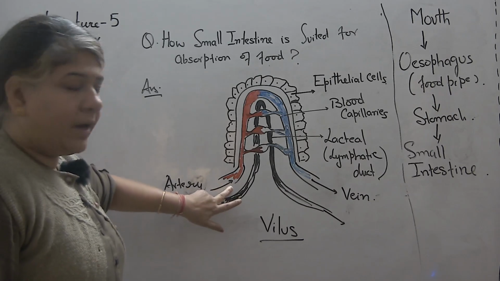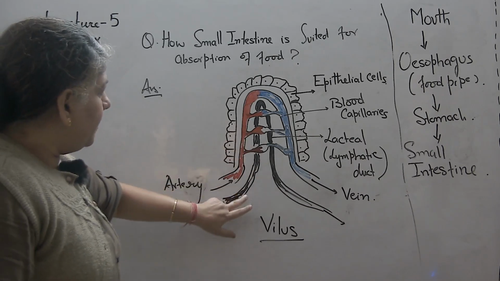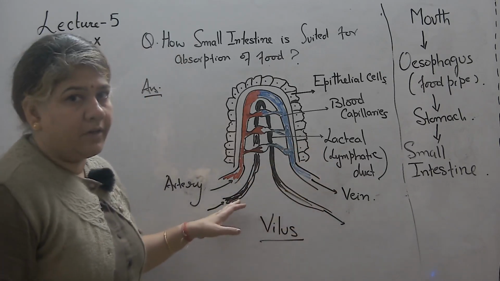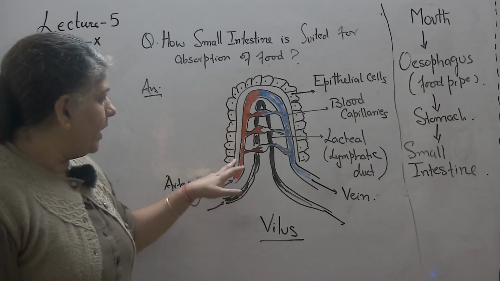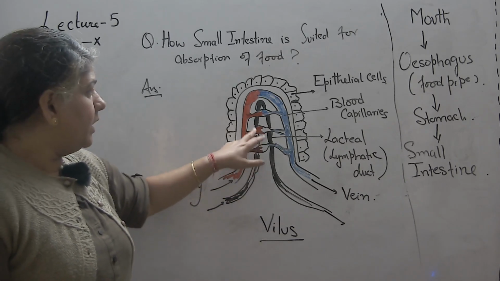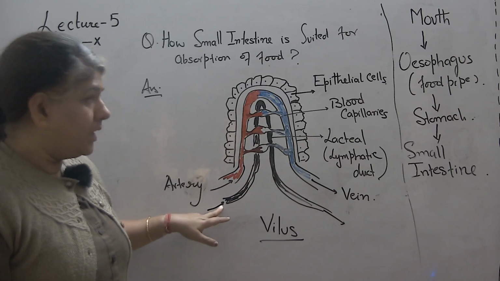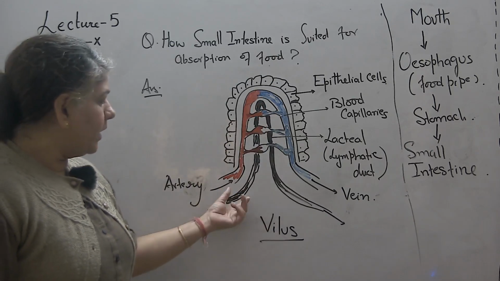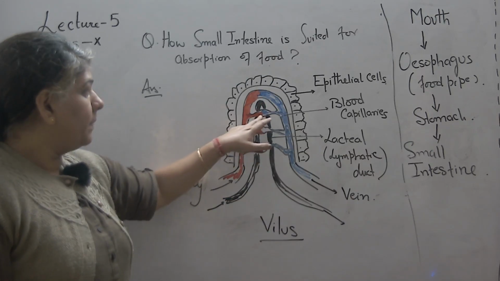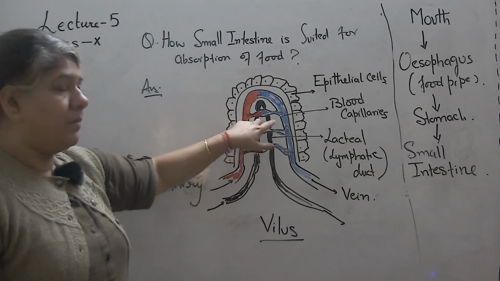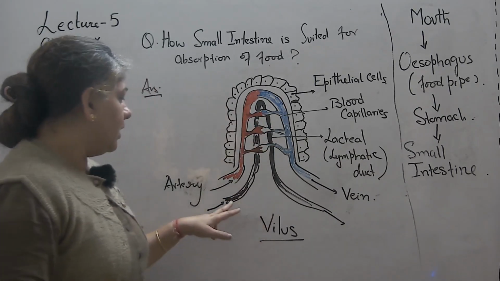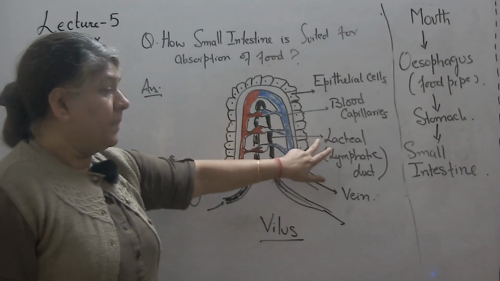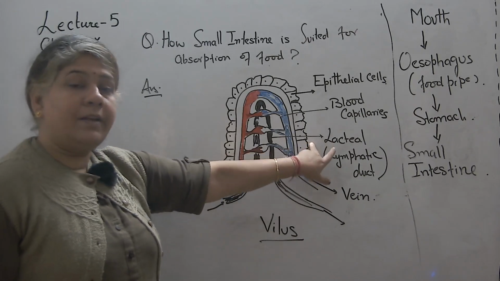Okay, digested food enters our bloodstream, but fatty acids and glycerol are still very big molecules that cannot enter these small vessels or capillaries. So there is another lymphatic duct, the lacteal. It is quite broad, at least the pores are broader than those present in capillaries. So the fatty acids and glycerol will be absorbed in the lacteals and become part of the lymphatic system.